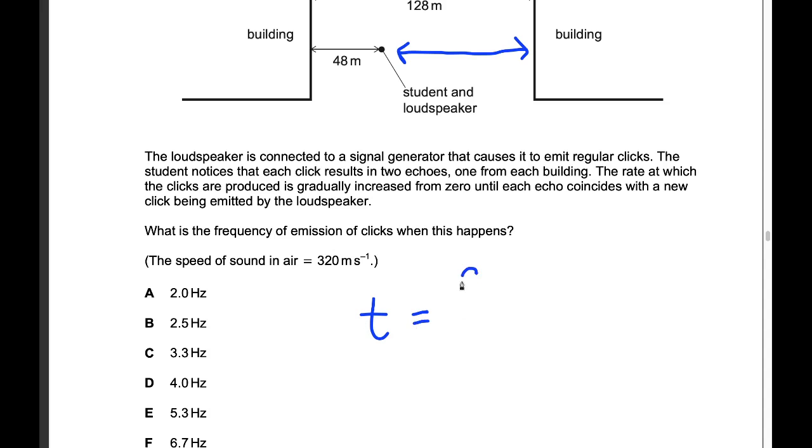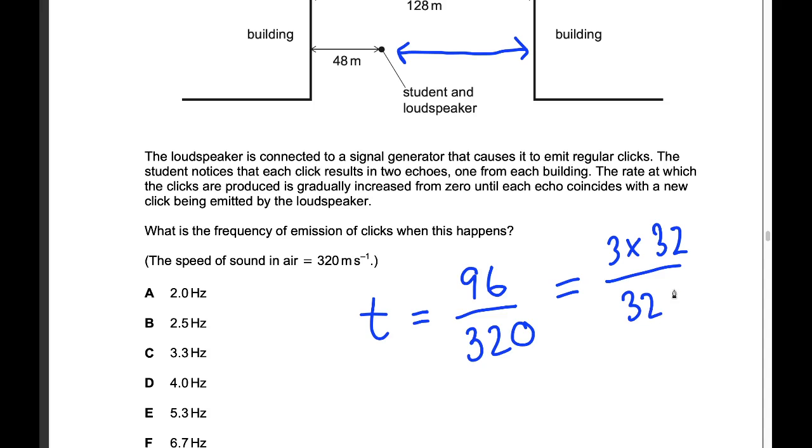The distance is 96 and the speed is 320. Oh, and 96 is 3 times 32. So I can cancel this down: 3 times 32 on the top and 320 on the bottom. If I divide by 32 on the top and bottom, I get 3 over 10, or 0.3. So it's going to take 0.3 seconds for that sound to bounce back off the closer building.